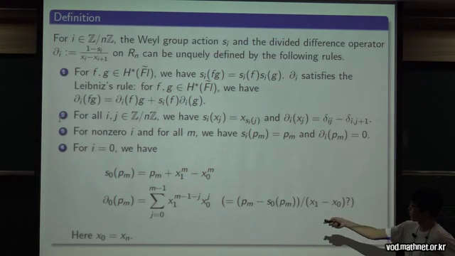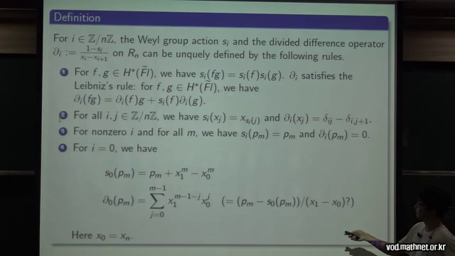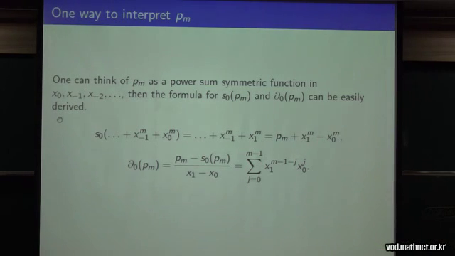So I'm going to give a better way of explaining this. It's a bit of cheating, but I like this way. Just think of these power sum symmetric functions in the variables x0, x negative 1, x negative 2, etc., and just try to act with s0 on it.